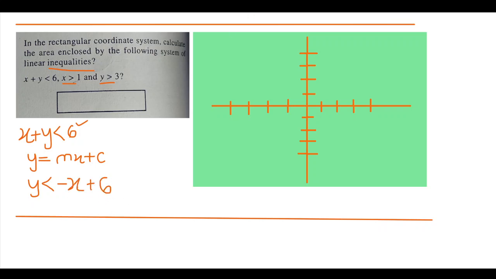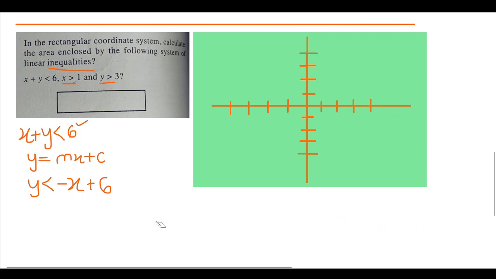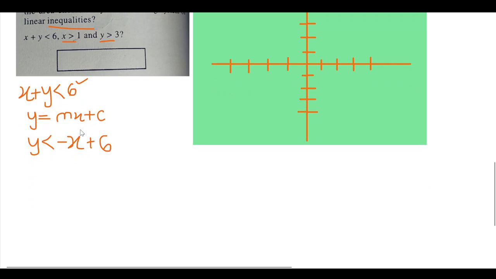Right? Negative x plus 6. I think I need to remove this line. Okay. So what does this tell me? I do know that the y-intercept is 6, and my slope, the rise over the run, is basically -1. Basically, this means that the rise and the run have opposite signs.